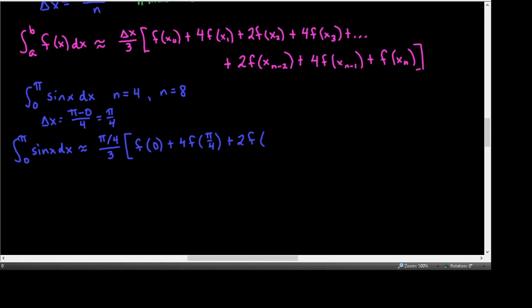Pi over 4 plus pi over 4 is pi over 2. Then 4 of the next thing. Pi over 2 plus pi over 4 is 3 pi over 4. And then that plus pi over 4 is pi, which is our last one, and it's used just once.